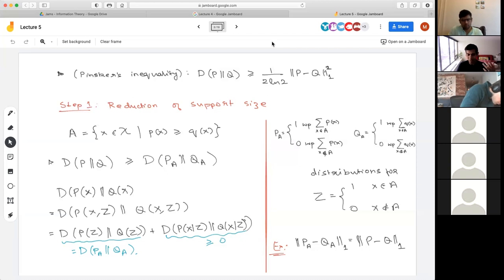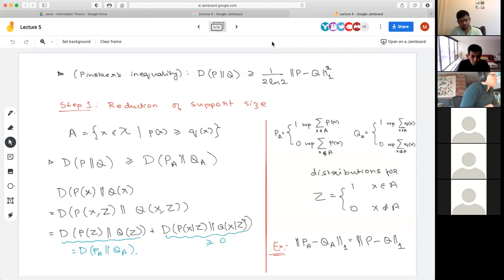These probabilities are determined by bundling together everything in A. So that's why I'm calling this distribution P sub A and Q sub A. Then the claim was that the L1 distance, or total variation distance, between P sub A and Q sub A is the same as that between P and Q. And the KL divergence can only decrease when I consider P sub A and Q sub A. So if I can prove this inequality for P sub A and Q sub A, then this will imply the inequality for the original distributions, because the left-hand side can only go down, and the right-hand side doesn't change.